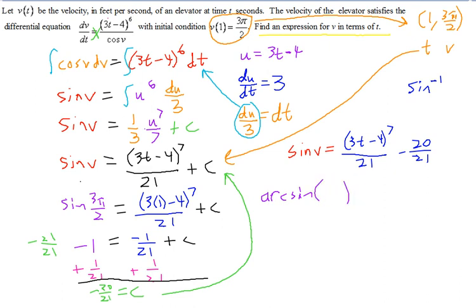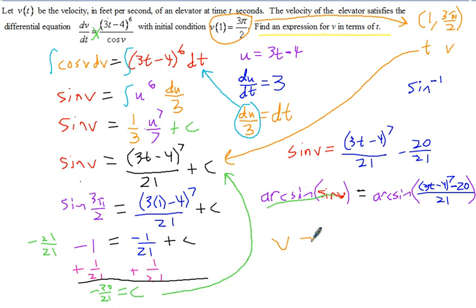And to make it a little more compact, since they're both over 21, make it a single fraction: (3t minus 4) to the 7th minus 20, over 21. And then the sine and arc sine, since they're inverses, cancel each other out.